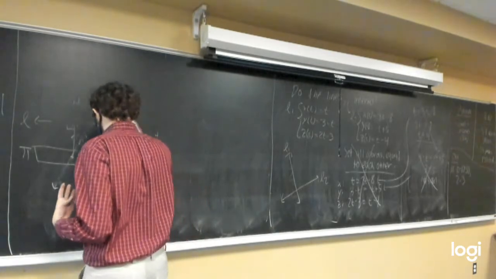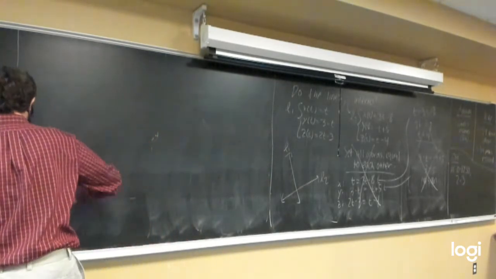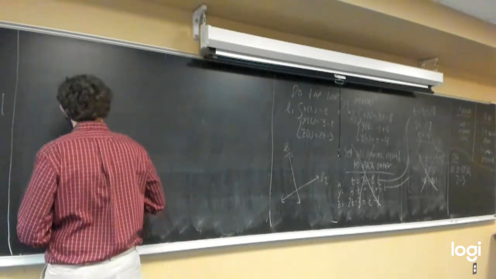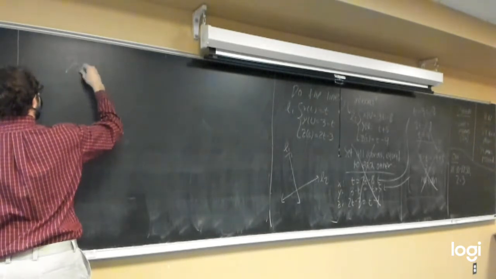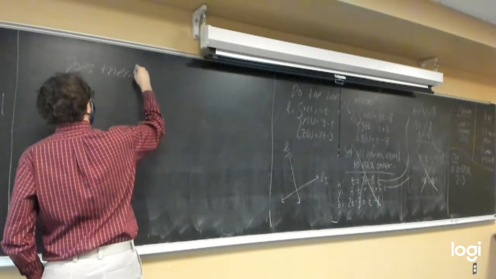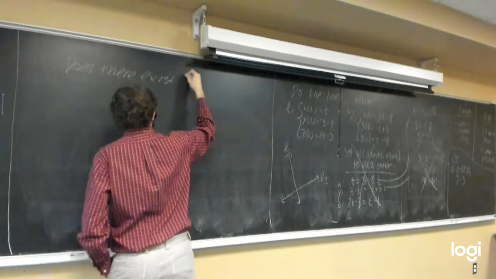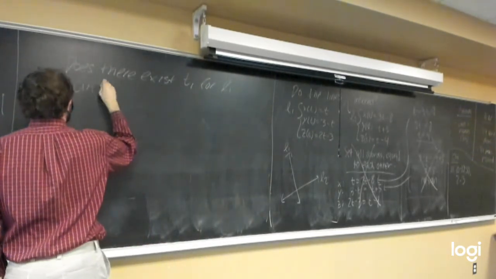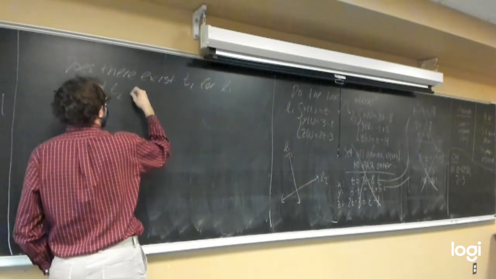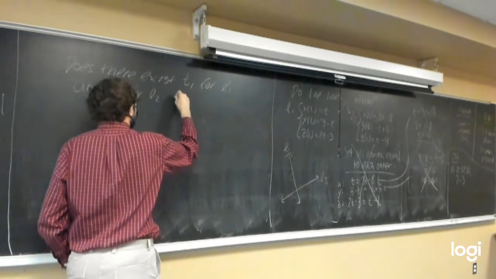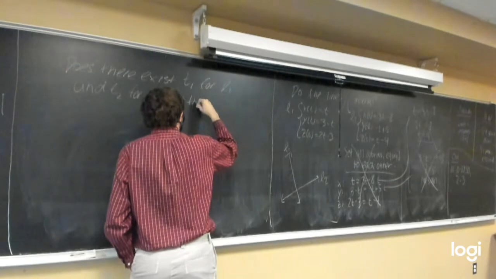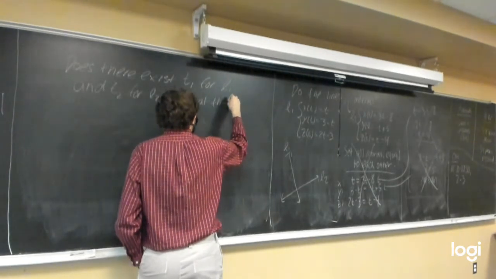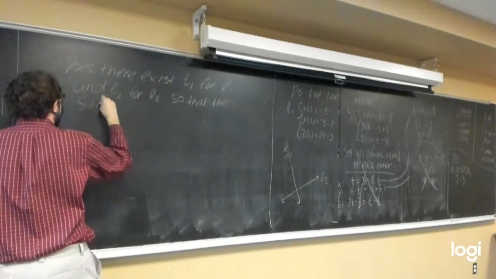Does there exist some value of t1 we can plug in to the first line and t2, a value we could plug into the second line, so that the same point x, y, z is produced?